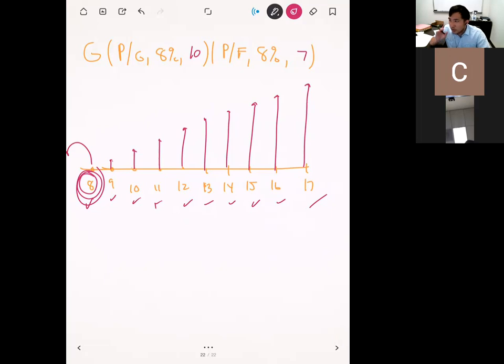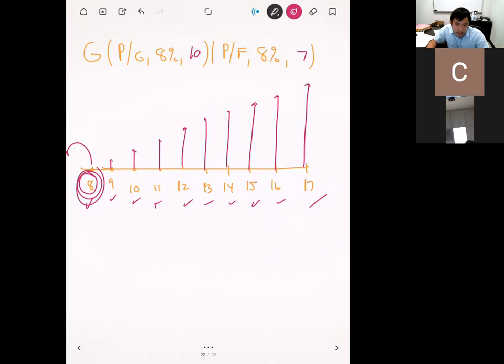The contribution is $2,000 from years 3 through 8, but the $2,000 is still there for 9 through 17 too. So when you do the P over A for the $2,000, it should be for 15 years, not 6. And then the G is from 9 through 17.